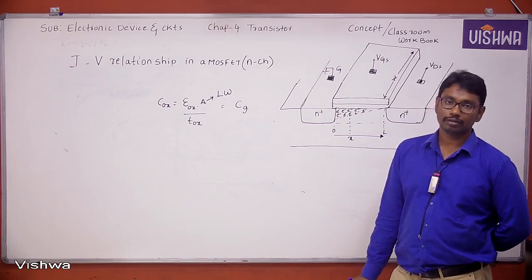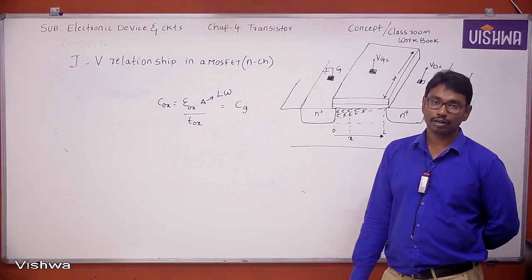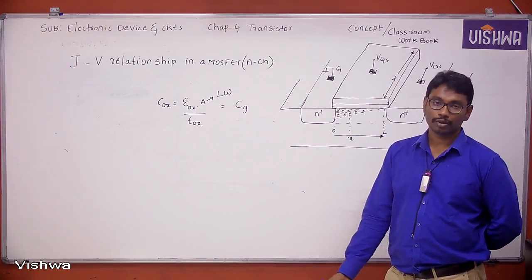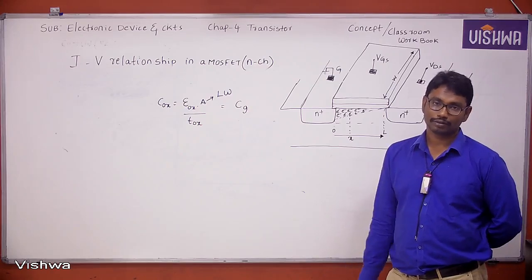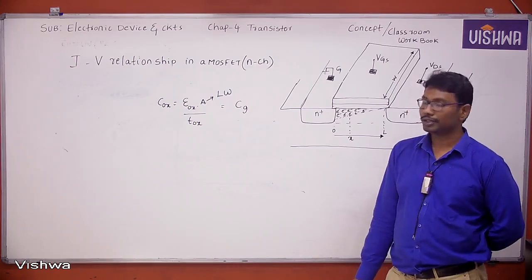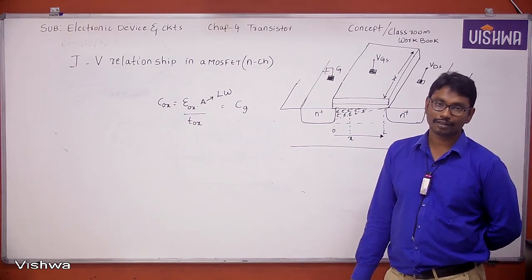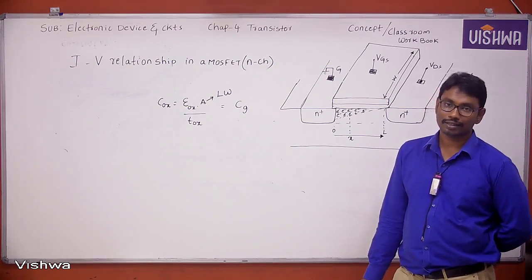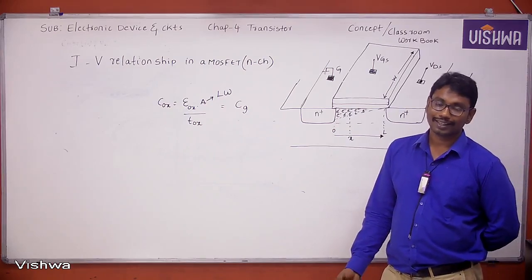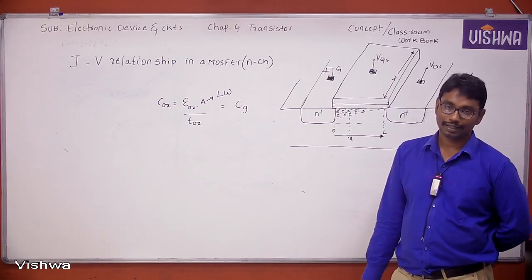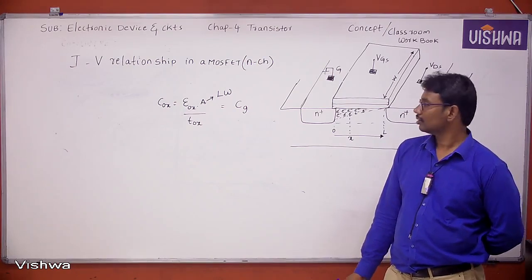L is the length of the channel, W is the width of the channel. Next, TOX is the thickness of the oxide layer.